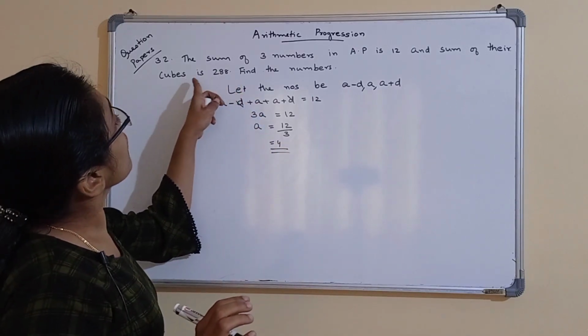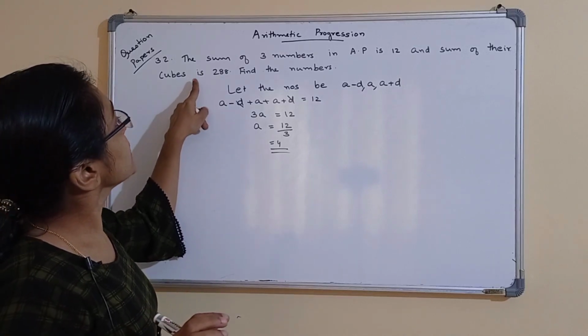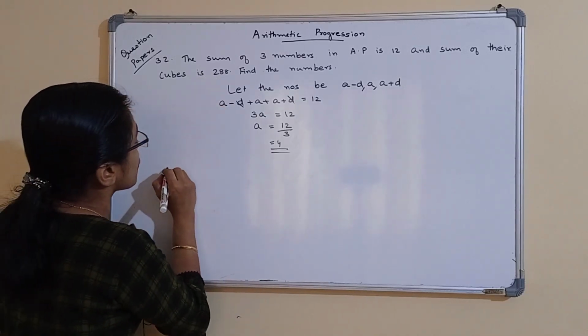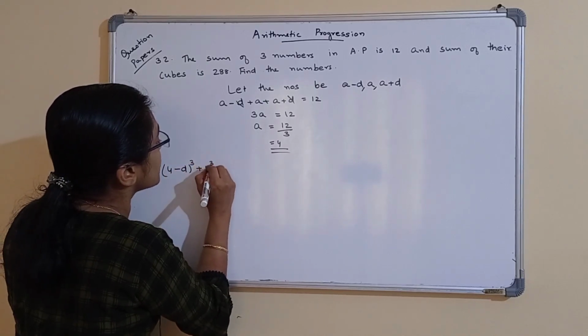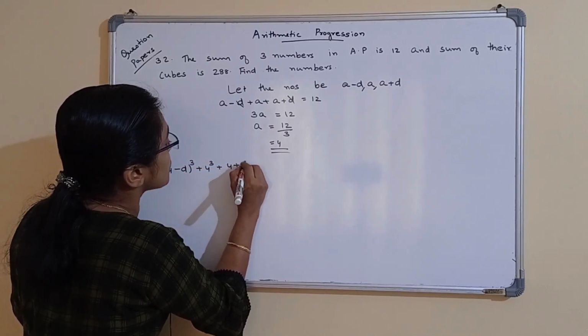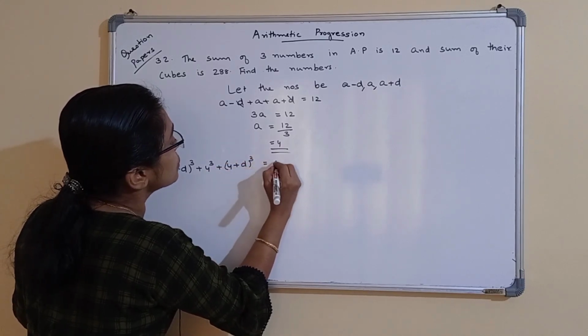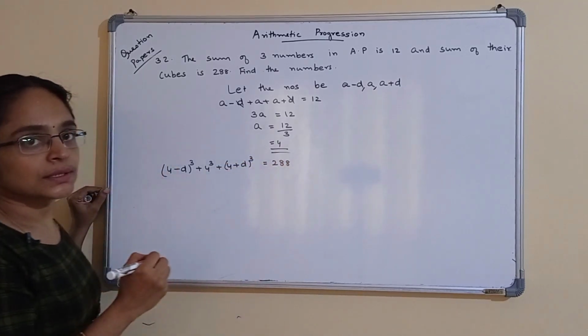And the sum of their cubes is 288, which means 4 minus d the whole cube plus 4 cube plus 4 plus d the whole cube is equal to 288.